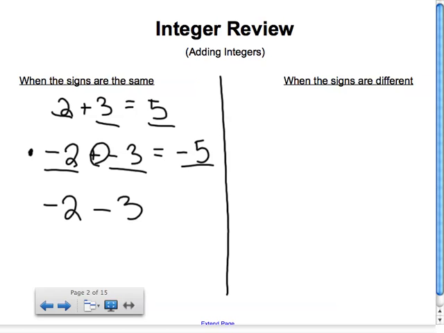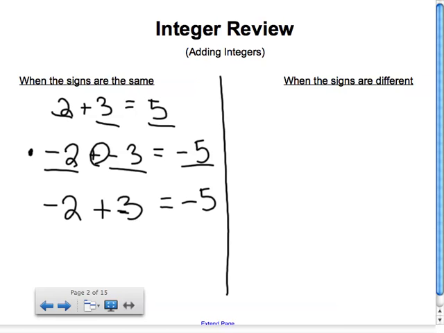In other words, keep this negative 2 the same, but then change subtraction to an addition sign, and flip, or find the opposite of, 3, which is negative 3. So you realize here that negative 2 plus negative 3 is the same thing as negative 2 minus 3. You end up with the same answer of negative 5.